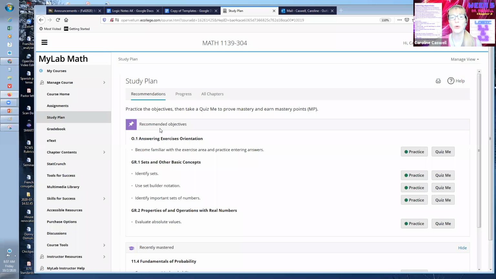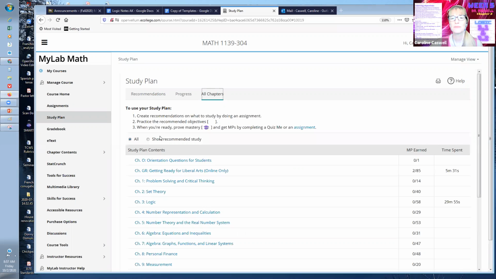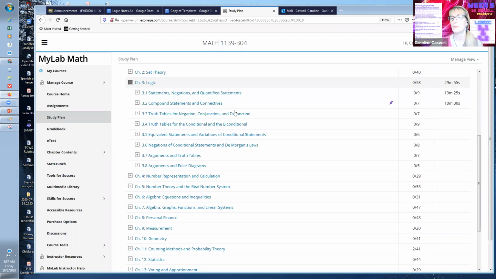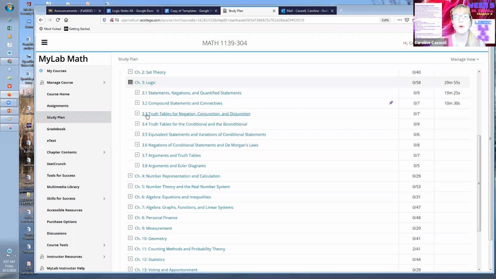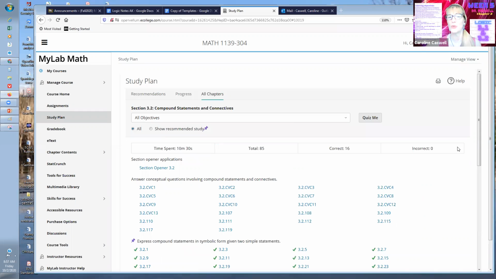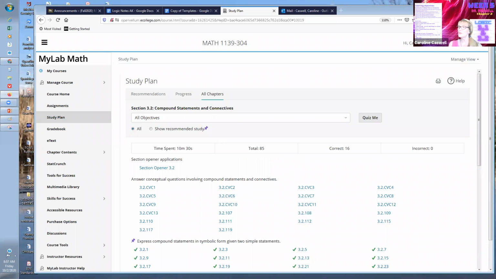If you want to go in and practice, you can absolutely pick your study plan, go into all chapters, go into chapter 3, and then it will give you lots of problems, and you can pick one. Let's just say you want to go in and pick section 3.2. Look at all the problems that if you wanted to, you could practice. There's hundreds, literally. And you can come and go as you please. If you need more practice, pick the thing you need to practice on.